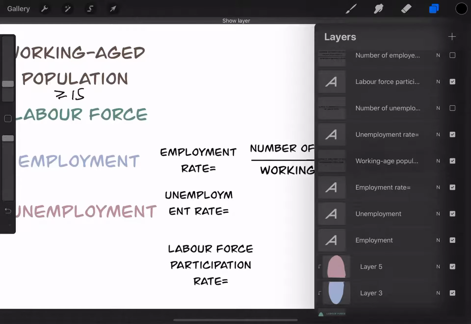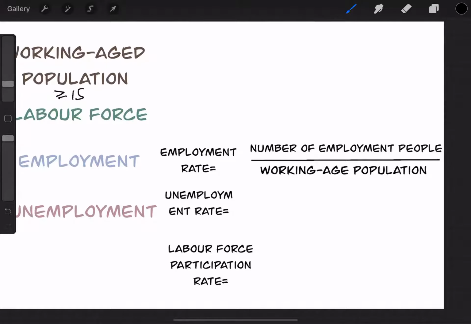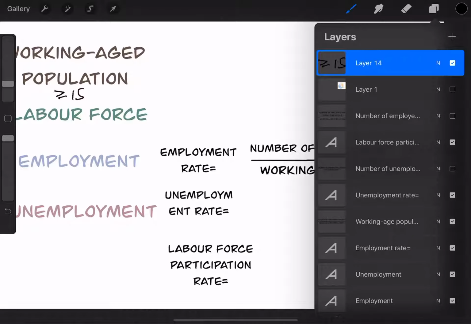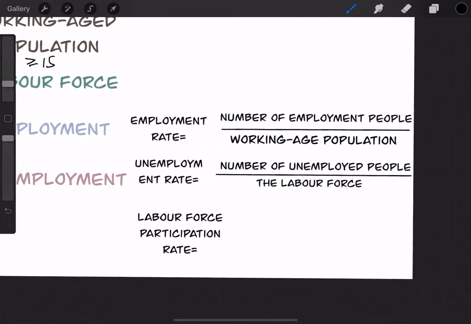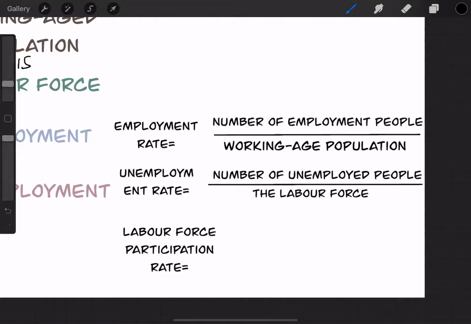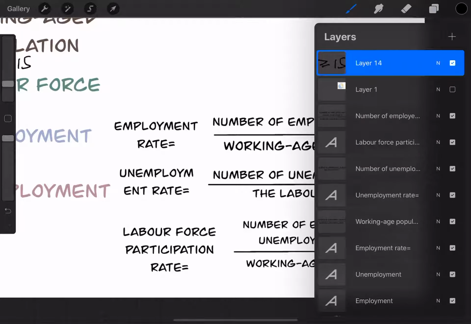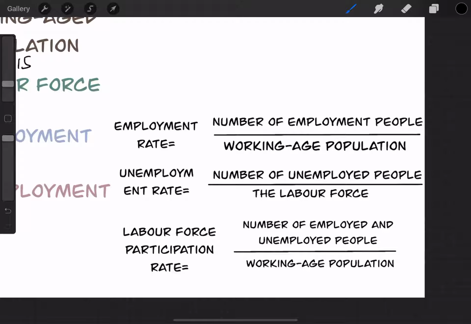Employment rate is the number of employed people divided by working age population, and unemployment rate is the number of unemployed people divided by the labor force. The third is the number of employed and unemployed people divided by working age population.